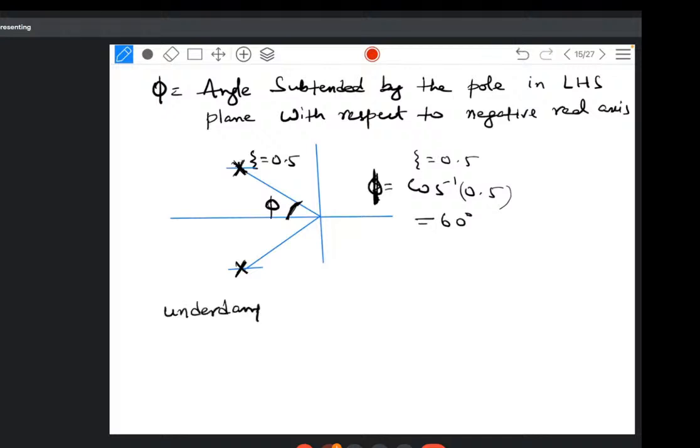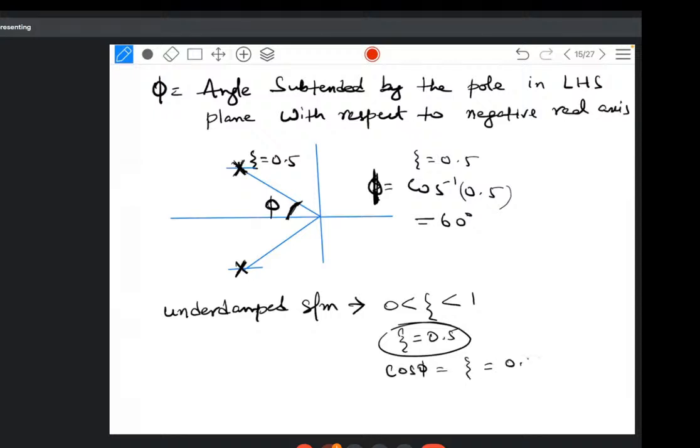From the underdamped system, I can understand that zeta will be in between 0 and 1, right? Suppose zeta I am giving you 0.5. Zeta equal to 0.5 means what? Cos phi is equal to zeta, so cos phi is equal to 0.5. So phi equal to cos inverse 0.5, that will be 60 degree, right? So phi equal to 60 degree.